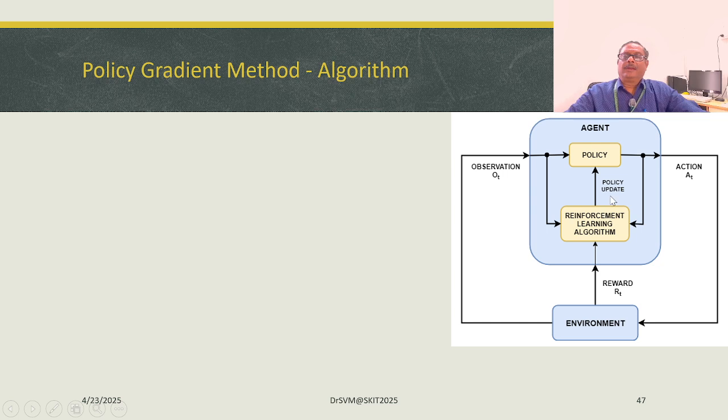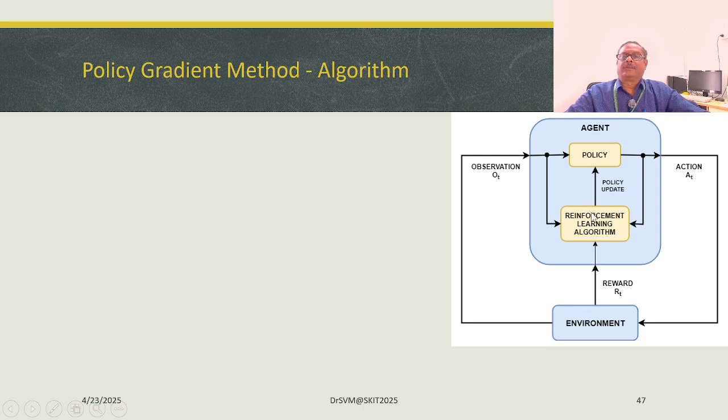All this information goes into the reinforcement learning algorithm, and that will update the policy. The policy is updated such that the next time if we get the same observation, we take some action so that the reward would be better than the previous one. That means next time when we come across the same environment, we should be able to take a better action so that it can provide a better reward.